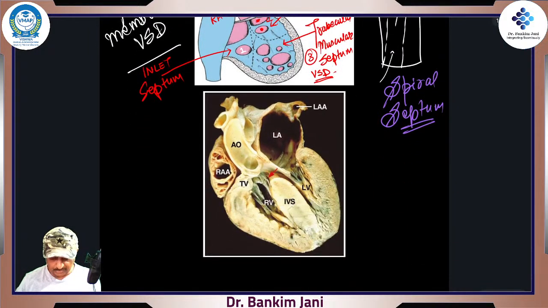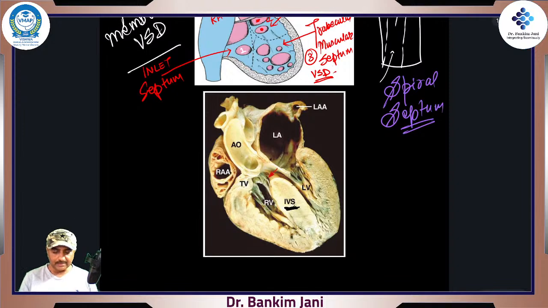So watch it over here. You'll be able to see it very easily, beyond doubt, that this is the interventricular septum, and this is the defect. See, this is the defect. This one is the defect, correct?